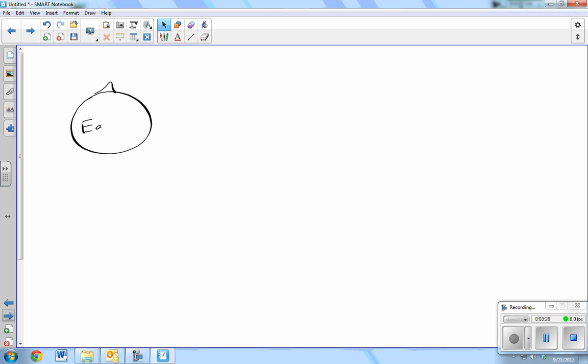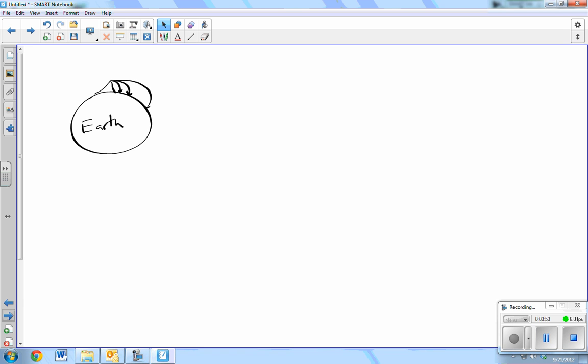Here's the Earth, and there's a mountain on top of the Earth. You go up on the mountain and you shoot a cannonball. If you shoot that cannonball, it lands on the surface of the Earth. What if you shot it a little bit harder? It would still land on the surface of the Earth. And if you shot it even harder, it would go and land on the surface of the Earth.